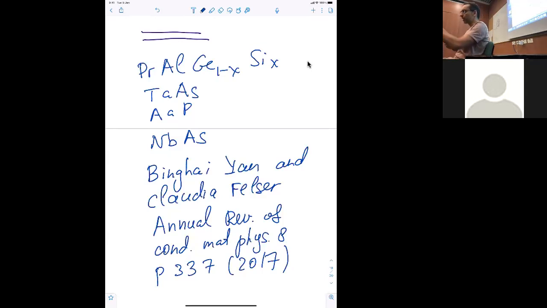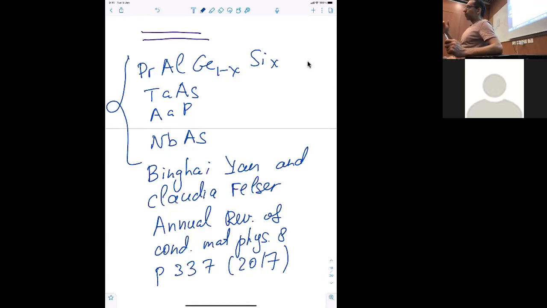If you look at any materials on this list, they will typically have a large number of Weyl nodes, and experimenters don't have a theoretical prediction to which they can compare their measurements.